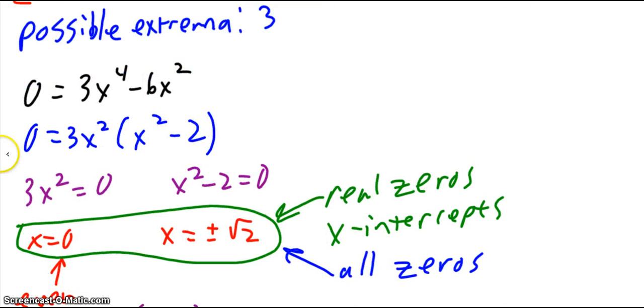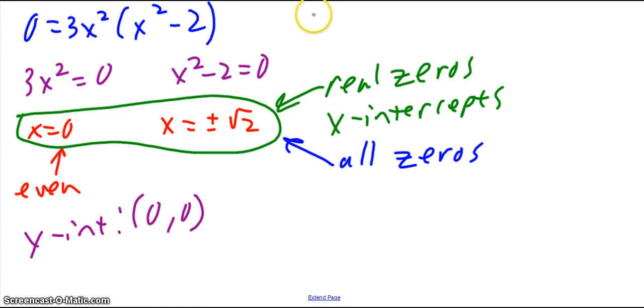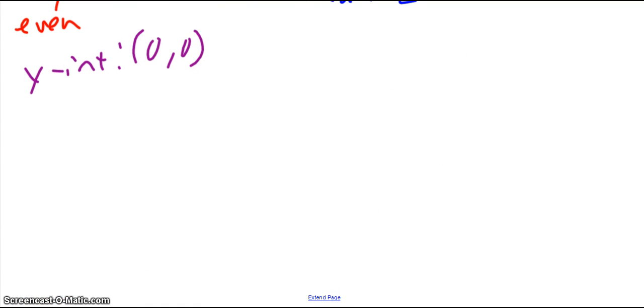Now we want to graph this. You have a much nicer graph on your page, so you can use that. I know I have an x-intercept at 0, 0.